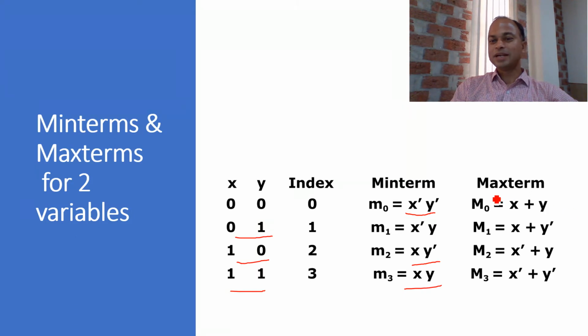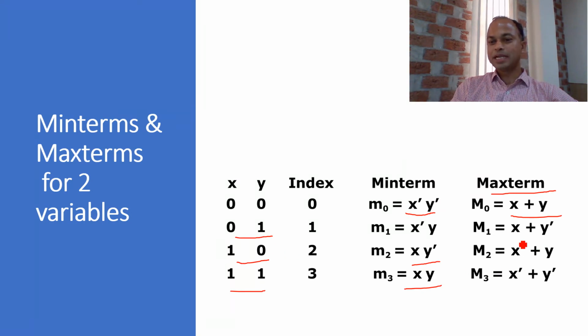Now we are discussing the max term. In the max term, we have to write in the form of 0 and we have to take the sum of individual terms. Here we have 0, 0 input, so we write x plus y. 0 plus 0 equals 0. Similarly, we have 0, 1.